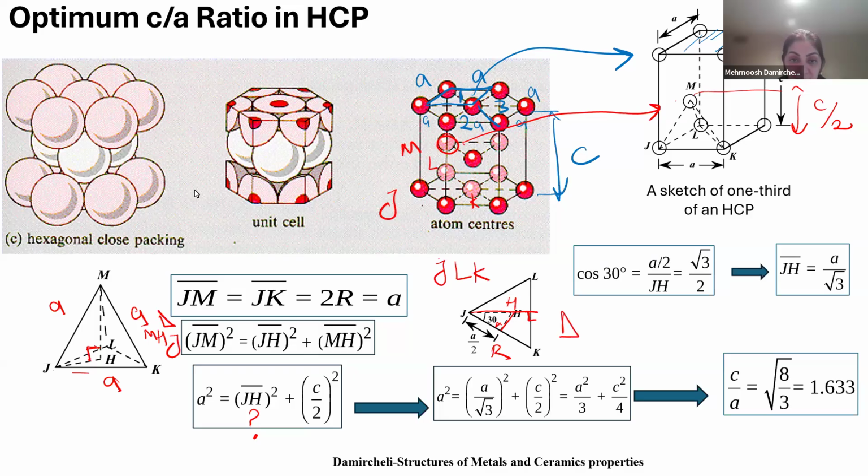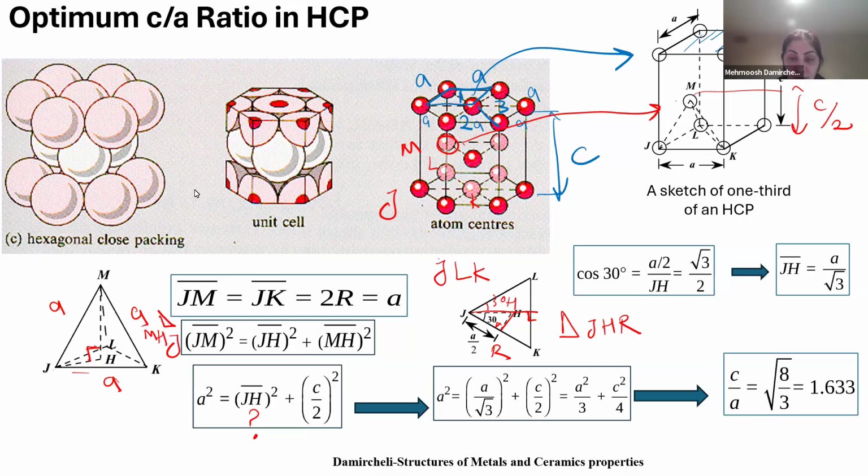In triangle JHR, this angle is 30 degrees because the full angle is 60, and half of that is 30. In this triangle, JH is the hypotenuse, and JR is half of A, or A over 2. So cosine 30 is adjacent over JH.